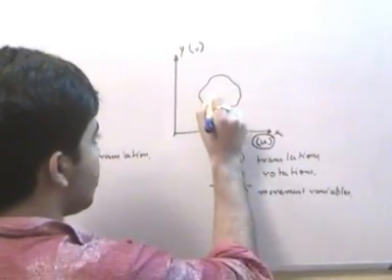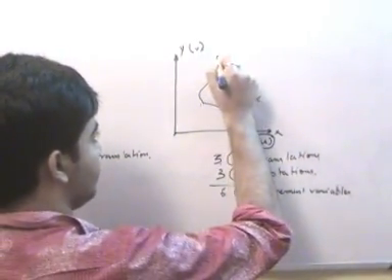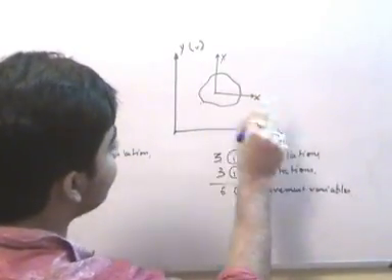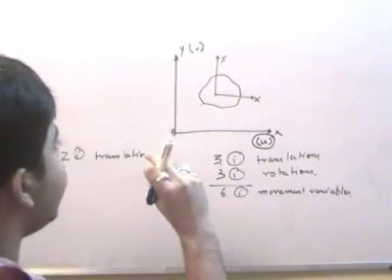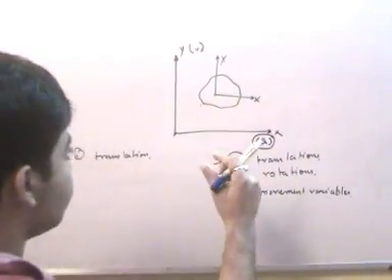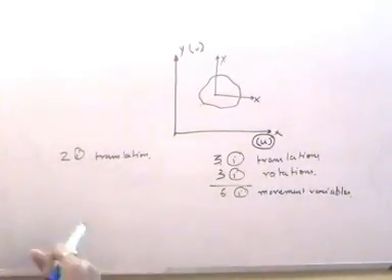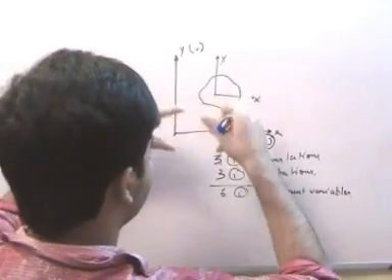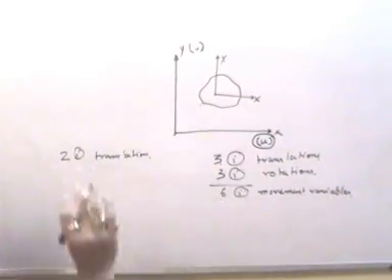Now, there are three axes of rotation to consider, x, y and z. Can it rotate about x-axis? No, because we are not allowing any kind of motion out of the plane. If it has to rotate about the x-axis, it will have to rotate in the yz plane. That is, it will have to rotate in this plane. And as this is a 2D plane, we are not allowing that.